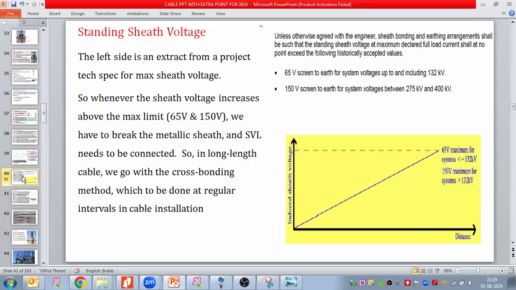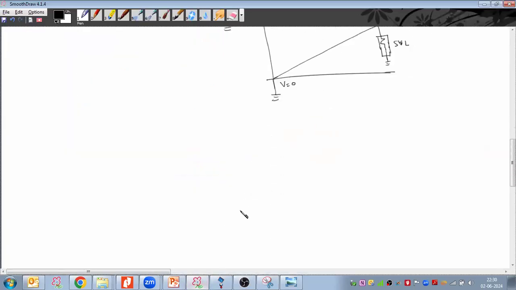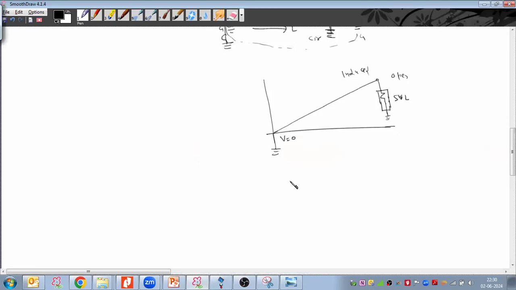Why breaking? Because we measure the sheath voltage. Suppose we are taking a 10 kilometer cable as an example, or let us take any long length, say 100 kilometer.